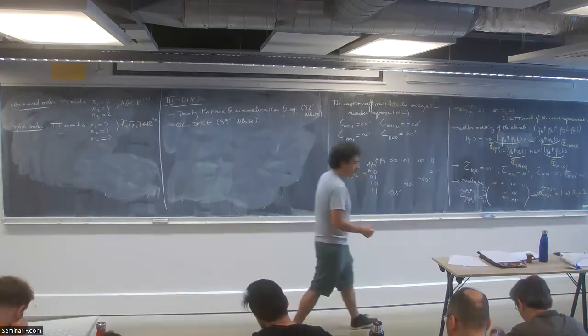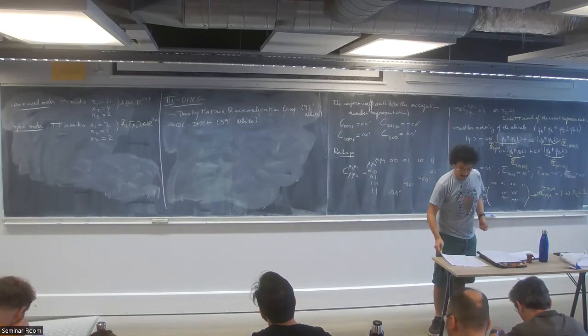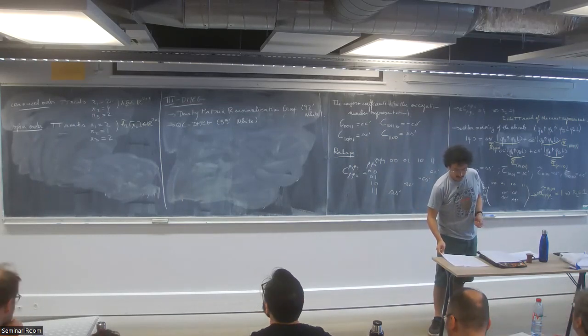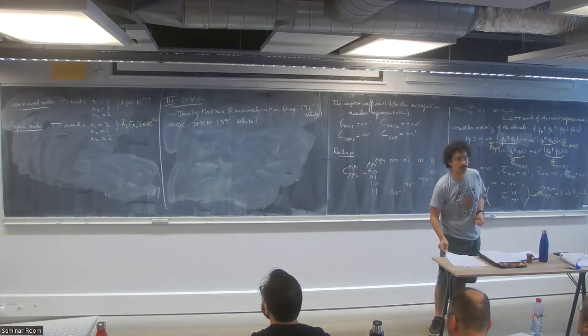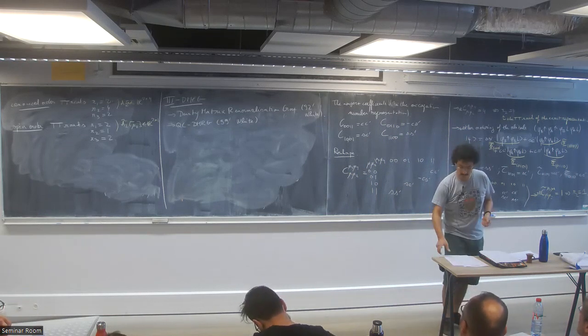And DMRG is really the algorithm that solves the Schrödinger equation using tensor trains.